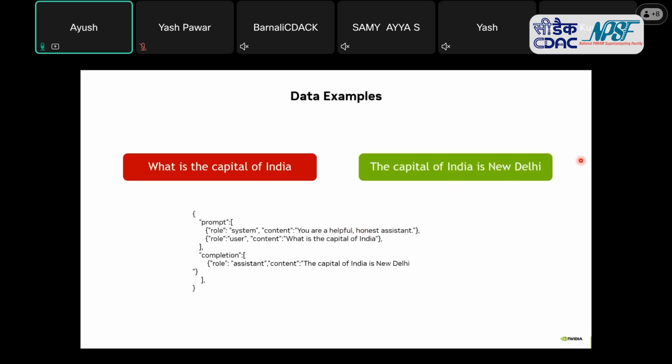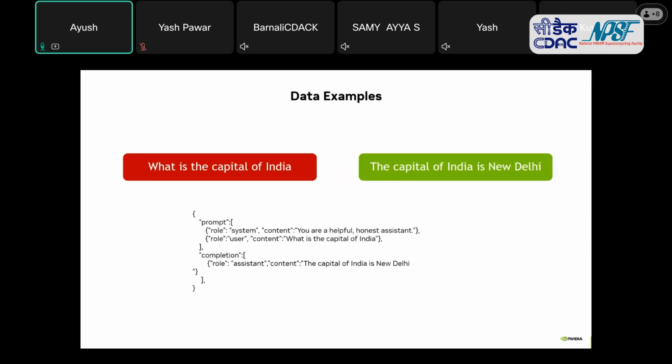You supply these instruction pairs, that is question-answer pairs, or prompt-response pairs, whatever you call it. Given this query as input to the pre-trained LLM, it should be able to generate the tokens which correspond to the answer. I hope this makes sense.